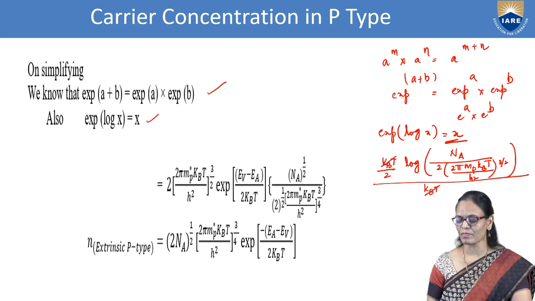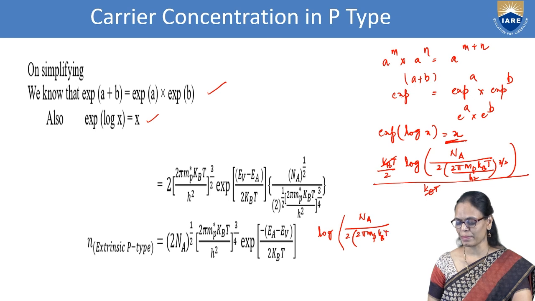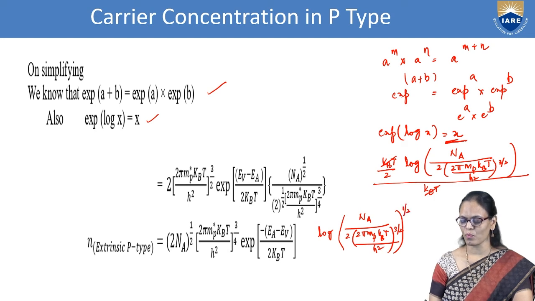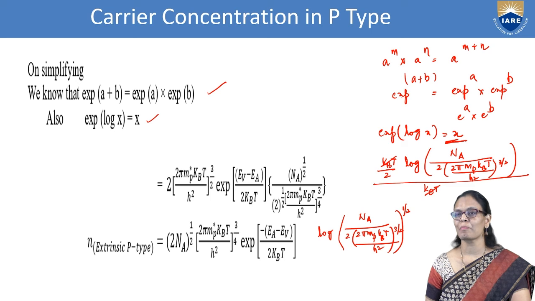Whenever I have a log m, I can write it as log m power a. So here I will write the logarithm of Na by 2 into 2 pi mp kBt by h square power 3 by 2, all to the power half. Whatever 1 by 2 is left here, we are taking it as a power.